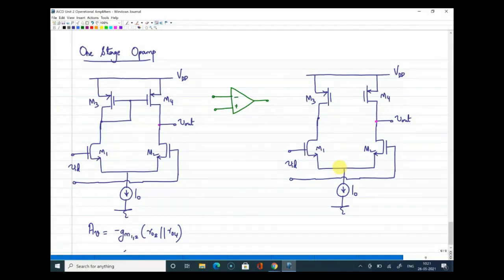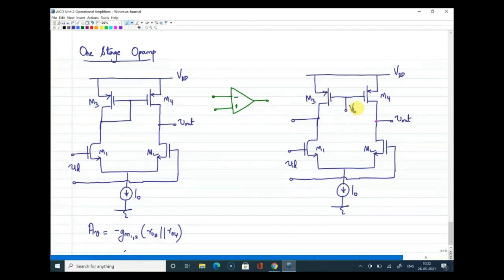Yeah, that is true, but how do we need to bias this? M3 and M4 also need to be biased, right? Yeah, that is true. Whatever you're telling is right. We take output from here, and this connection can remain here because we will apply a common bias voltage here that will bias both M3 and M4.